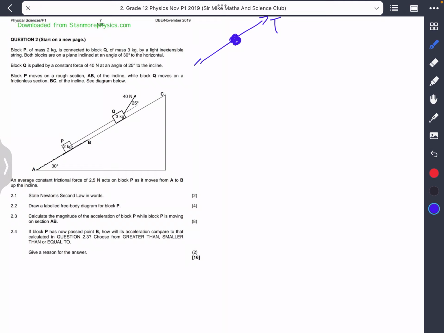We also have the normal force, which is always perpendicular to our surface, and the force of gravity. Remember that the force of gravity is always vertically downwards, so gravity does not care whether you are moving up an inclined surface or on a horizontal surface.